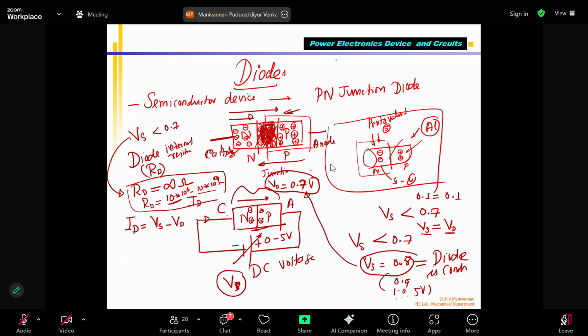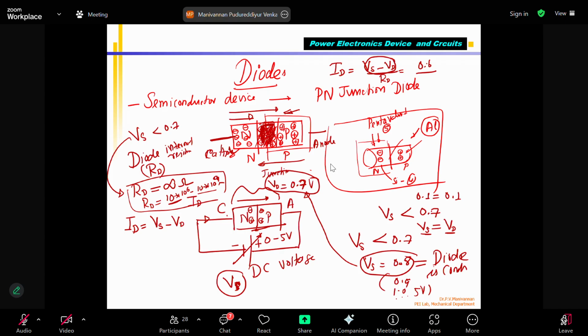So what is the current? The theoretical current, ID equal to Vs minus Vd divided by RD, correct? So you are supplying Vs equal to say 0.6 volts, correct? And Vd will be the same as this. That means this voltage can be taken as 0.6, correct?